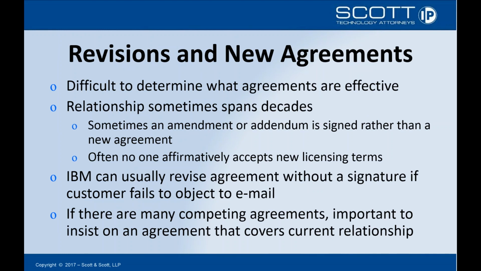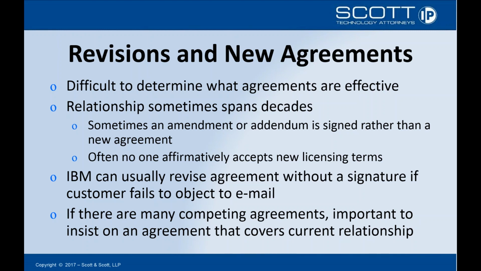So, what are some of the problems that my clients face with their IBM agreements? Imagine that you have 20 years worth of IBM software licenses, and you're trying to reconcile those into a full package of the entire license arrangement between you and IBM.